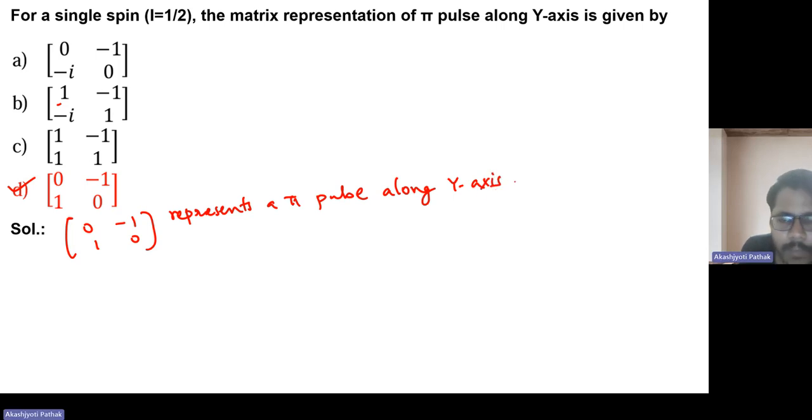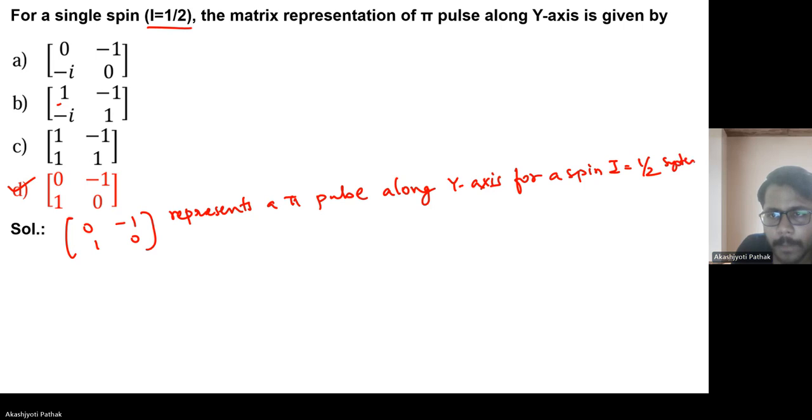Along y-axis for a spin I equal to half system. So this is the pulse for this system. This is what represents a pi pulse.